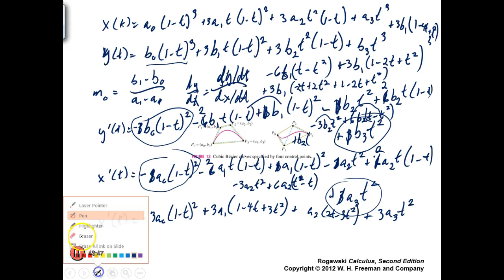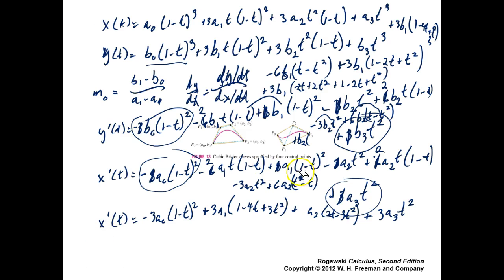Yuck. It's not taking my eraser. There we go. T minus t squared. Believe that's right.